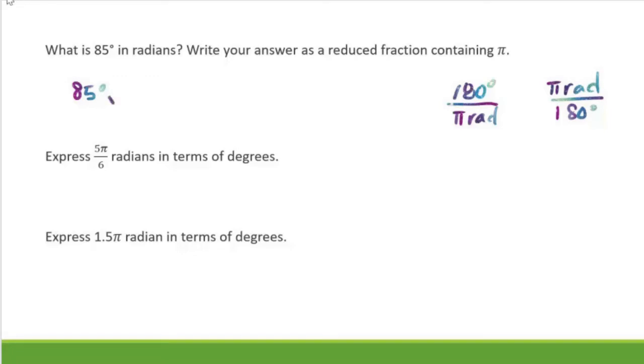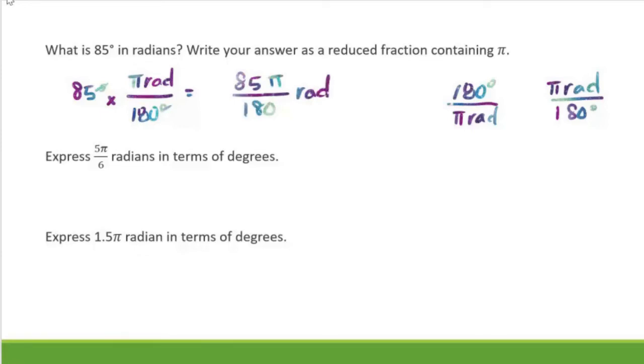We want to change this from degrees to radians, so we want to multiply by the second conversion factor, so that degrees in the numerator cancel with degrees in the denominator. So we have pi radians over 180 degrees. Degrees cancel, and we end up with 85 times pi divided by 180 radians.